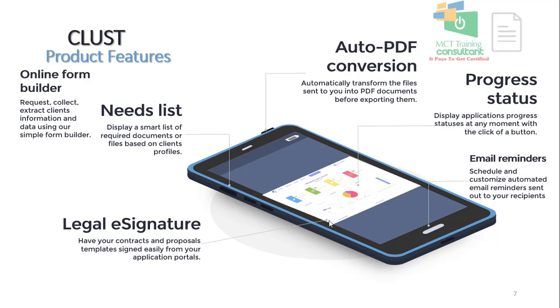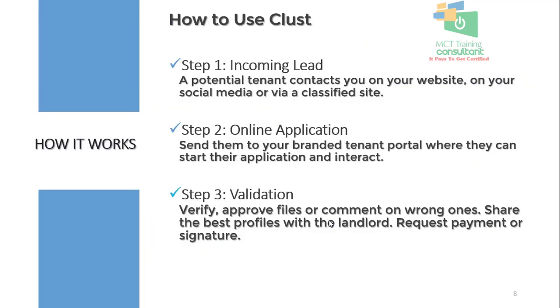If, for example, people have been required to submit 5 documents and they've submitted only 2, and the application is supposed to close in 2 weeks' time, then Clust will actually send an email reminder to that individual. So how to use Clust? Really very easy. Number one, incoming leads. Incoming leads are your clients. I'm giving an example with real estate.